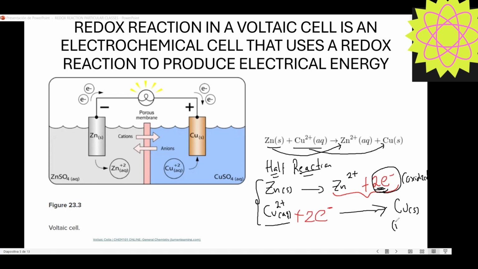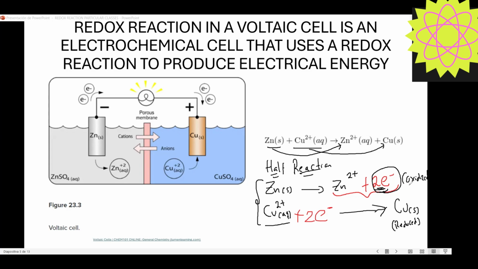Okay, and that's what we called reduction because the electrons went to this side of the equation, right? You don't need to understand this fully for now, okay? I will give you more examples and you will comprehend it better.